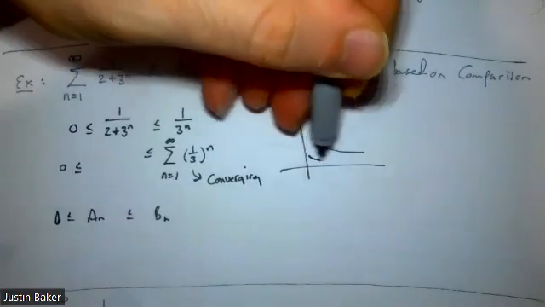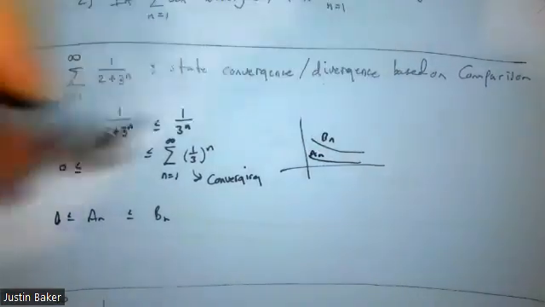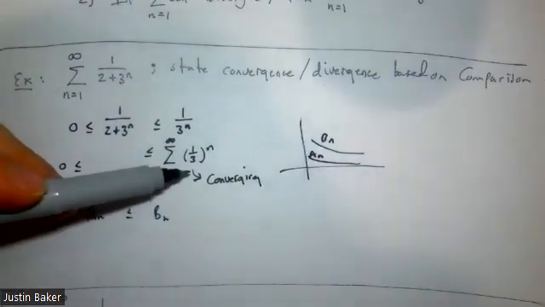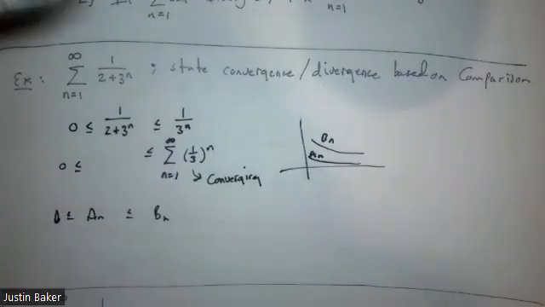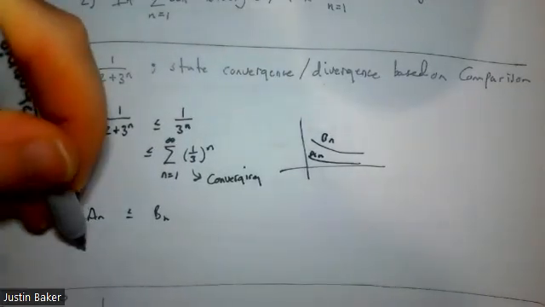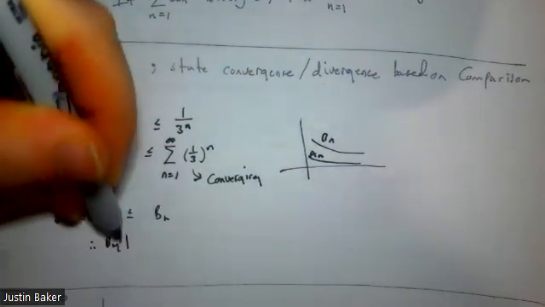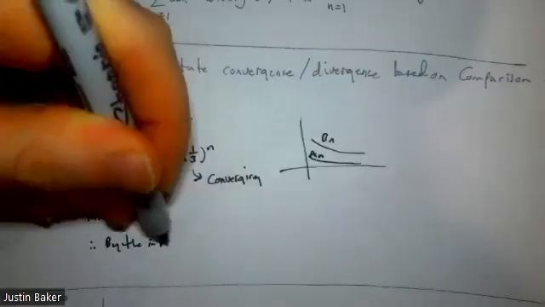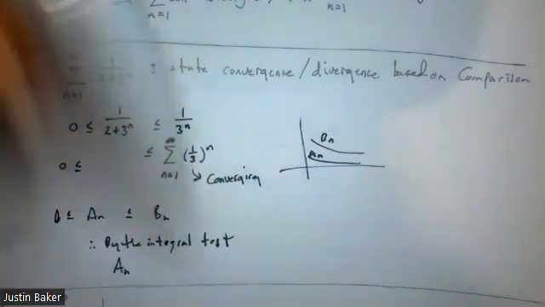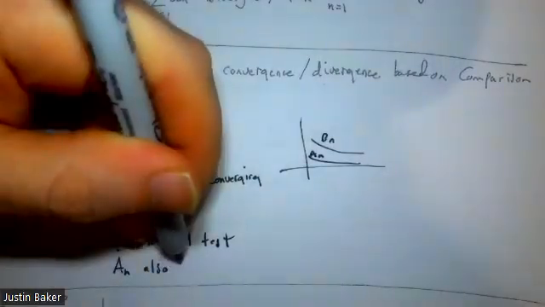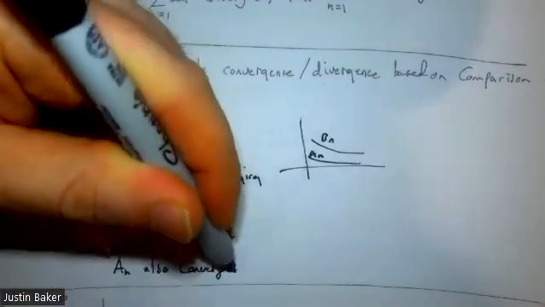Here's Bn, here's An. If B of n is converging, does that push action down on A of n? Yes. So this would work. And we could say, therefore, by the comparison test, A of n also converges.